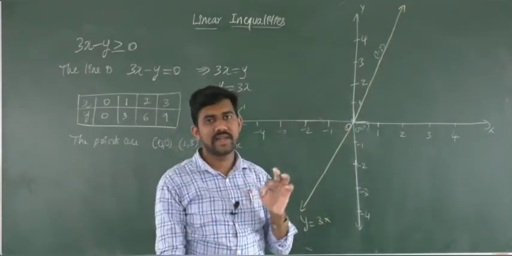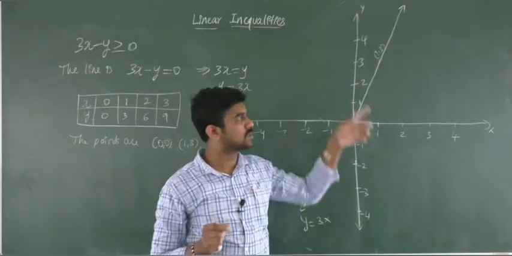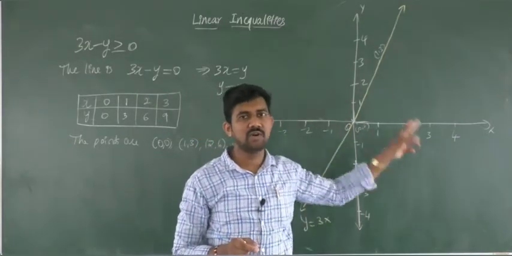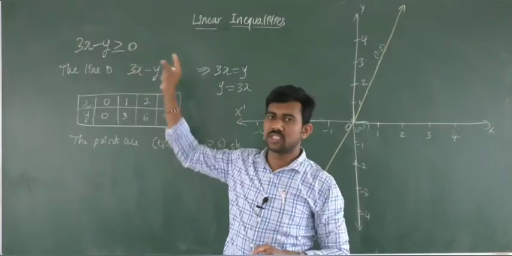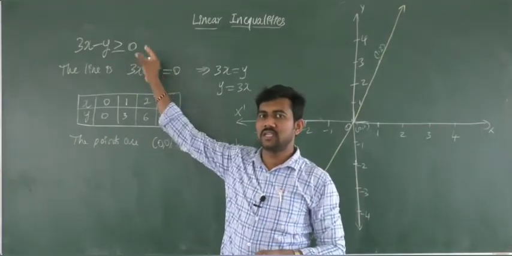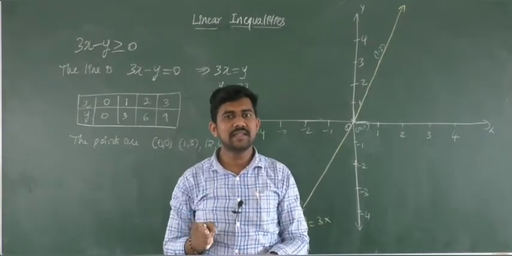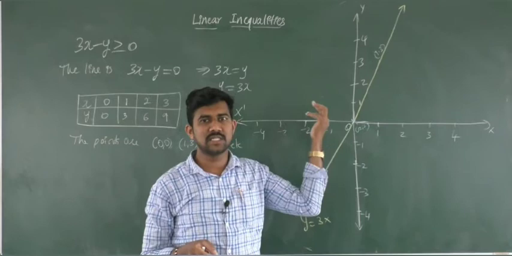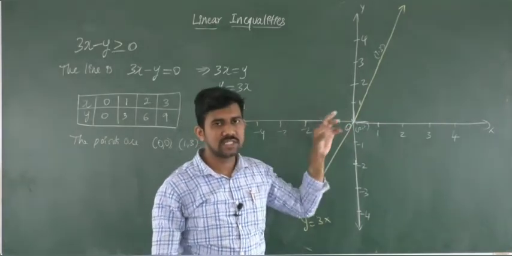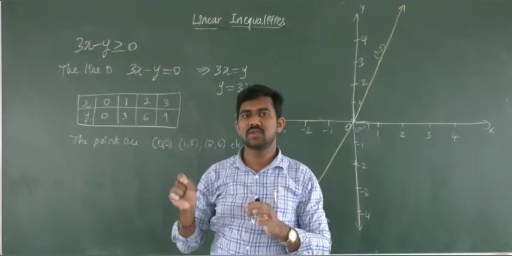So here we have to take any point which lies in either the upper half plane or lower half plane to check the solution region. We check which point satisfies the given inequation. Suppose that point does not satisfy the given inequation, then the opposite half plane is the solution region. Suppose that point satisfies the given inequation, then clearly that point lies in the solution region.